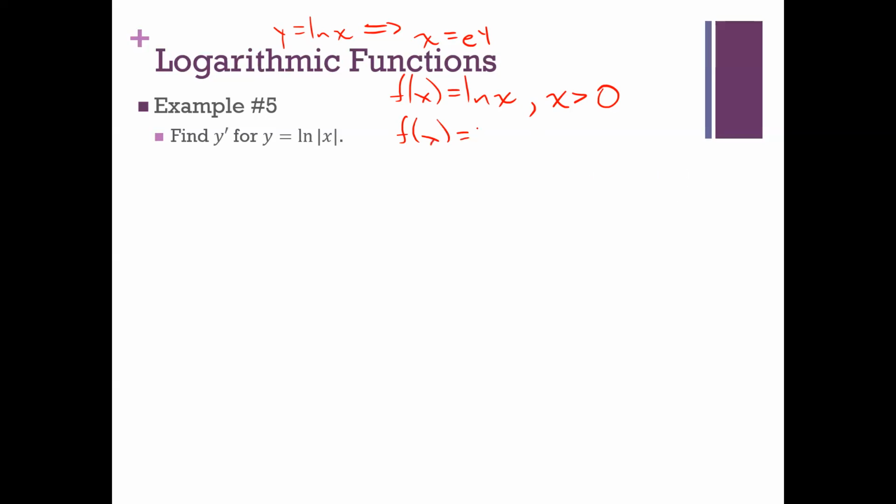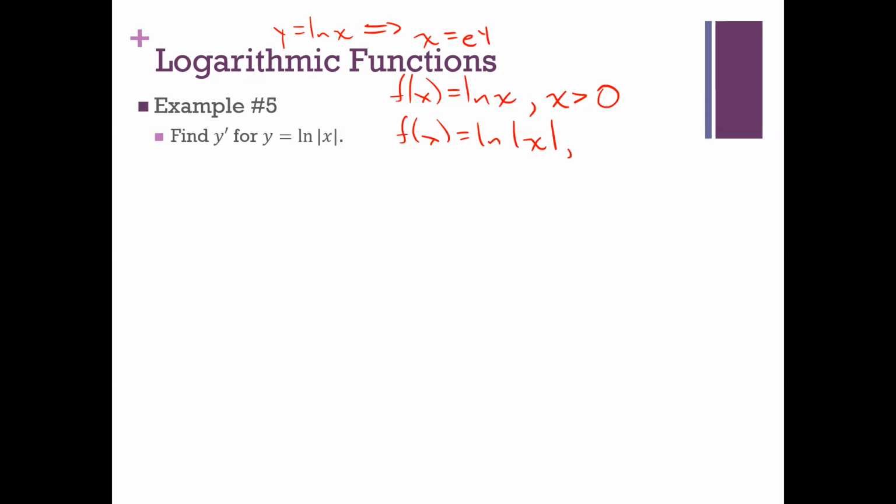We have f of x equals the natural log of the absolute value of x. So if I take the absolute value of x, will this be defined for all real numbers? No, so the absolute value has to be positive. Right? So what's going to cause that not to happen? I think now I can throw negative numbers in there, right? Negative 10.